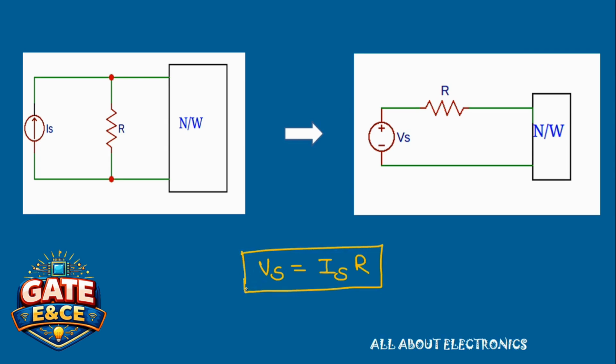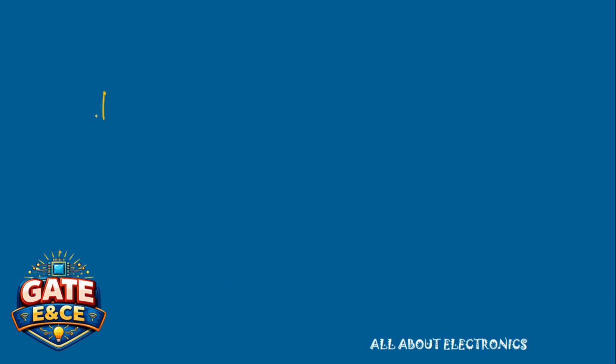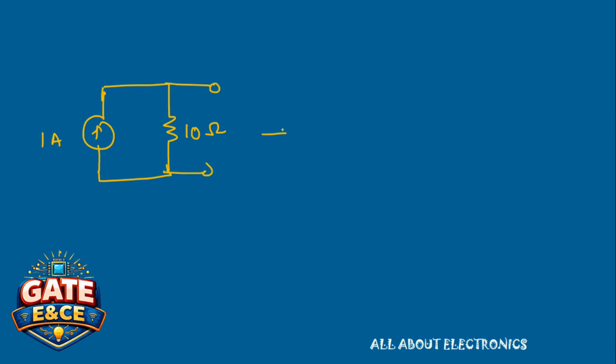So let's take one example. Let's say we have a 1 ampere current source with 10 ohm resistor in parallel. So we can transform this current source into the voltage source with the same 10 ohm resistor in series with this voltage source.